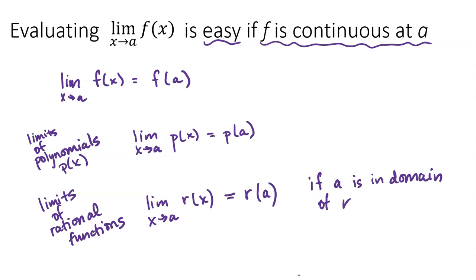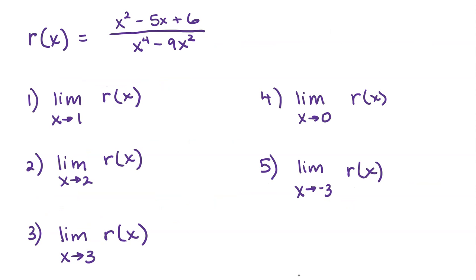So that means most of the interesting stuff about evaluating limits of rational functions happens when a is not in the domain. So we're going to look at this rational function, r of x equals x squared minus 5x plus 6 over x to the fourth minus 9x squared.